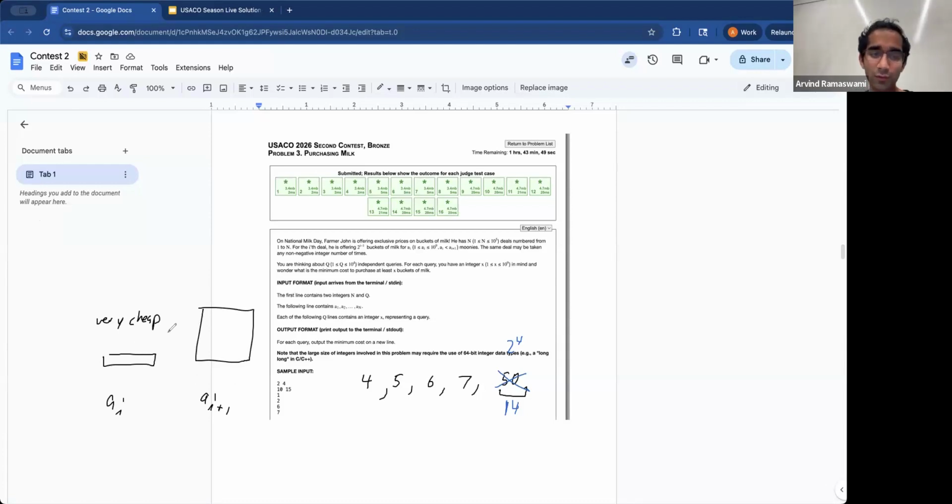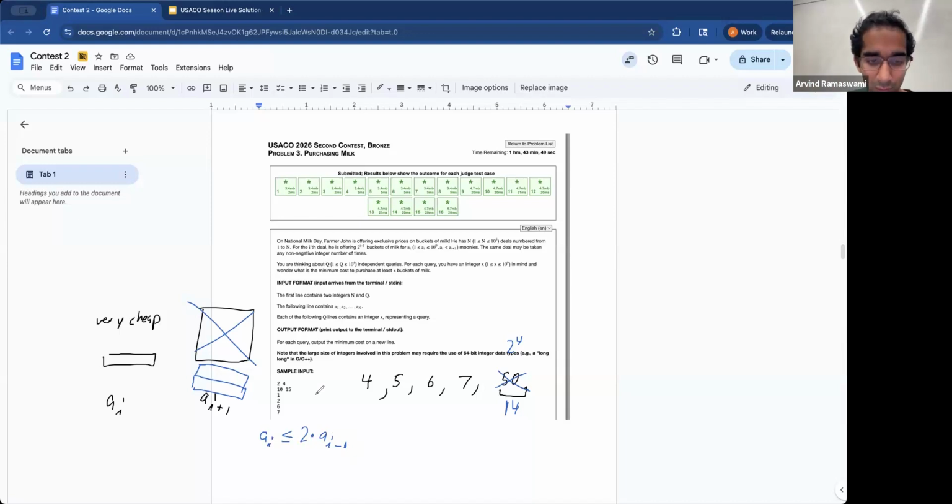It's better to get 2 of these than to get this one, so I'll remove this and replace it with this. So then you have a condition that a_i should be less than or equal to 2 times a_(i-1).